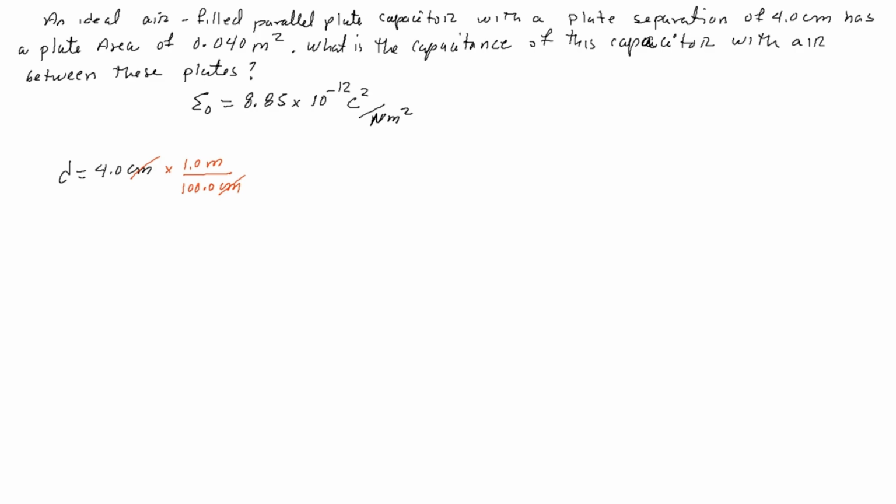Like that, you cancel the centimeters out. And then you divide 4 by 100, and that gives you the distance in meters. That is going to be 0.04 meters. So the distance in meters is 0.04 meters.